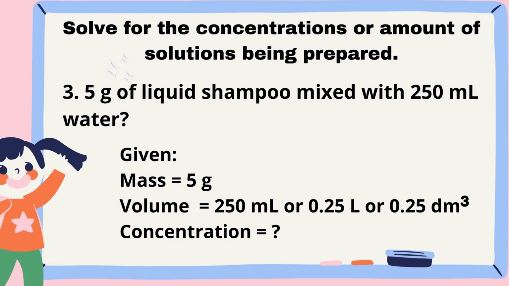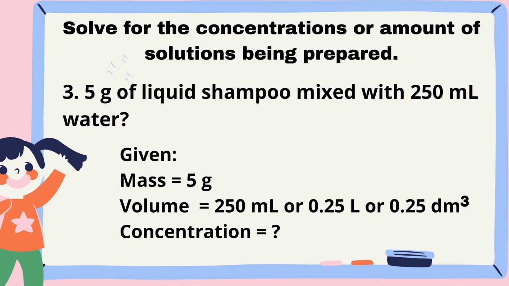Number 3. 5 grams of liquid shampoo mixed with 250 milliliters water. The given are mass is equal to 5 grams. Volume is equal to 250 milliliters converted to 0.25 liter or 0.25 cubic decimeter.